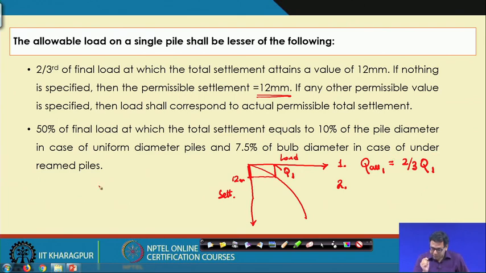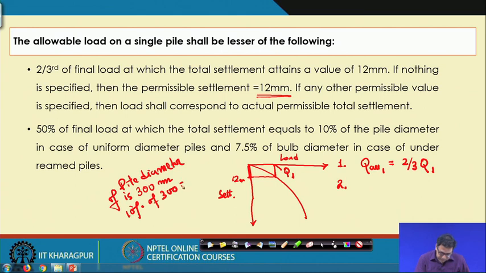Suppose the pile diameter is 300 millimeter. Then 10% of 300 millimeter is equal to 30 millimeter.